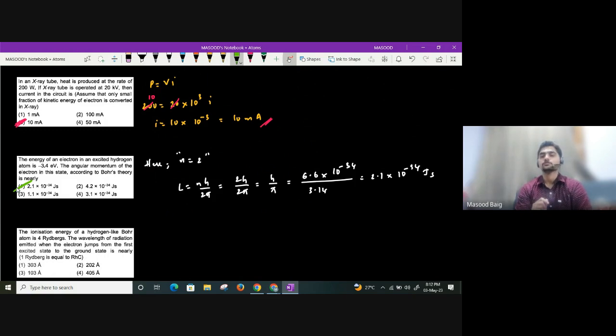The electrostatic force of attraction between the nucleus and the electron. So I'll write E into ZE divided by 4 pi epsilon naught r square will be centripetal force. And he also said that we have to use the quantum concept for explaining the stability of the atom. So he said angular momentum of the electron about the nucleus will be integral multiple of h divided by 2 pi. Understood, all of you?